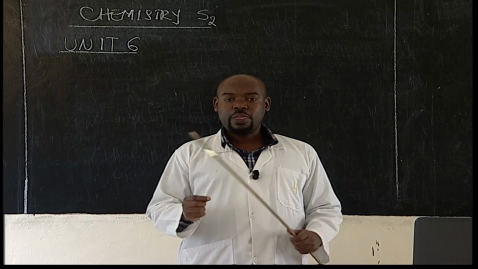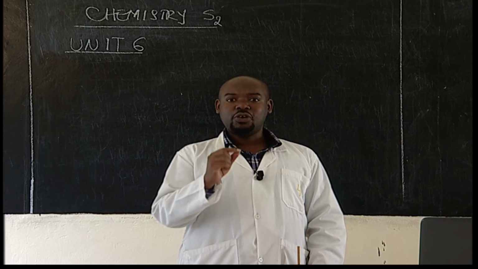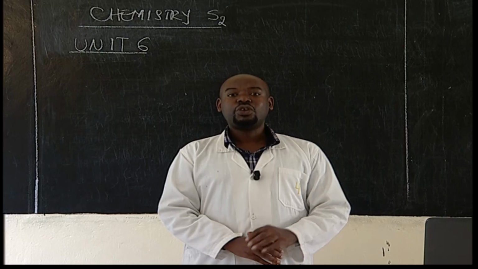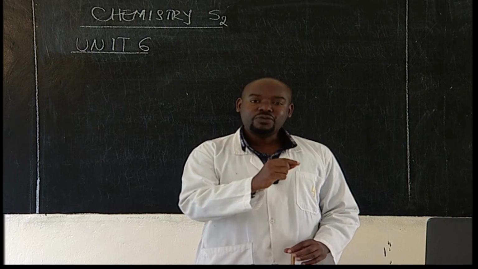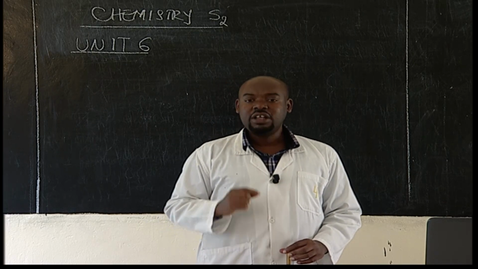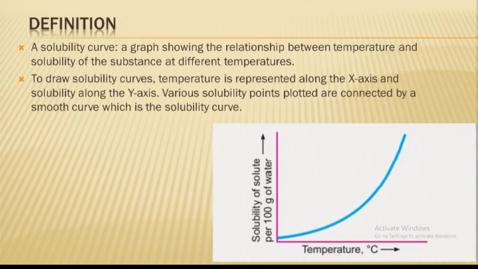So if we have a value of X and a value of Y, then we can combine them to find a point. And if we join all the points we get from the data we have, then we can get a graph. So the graph we get is the one we call solubility curve.